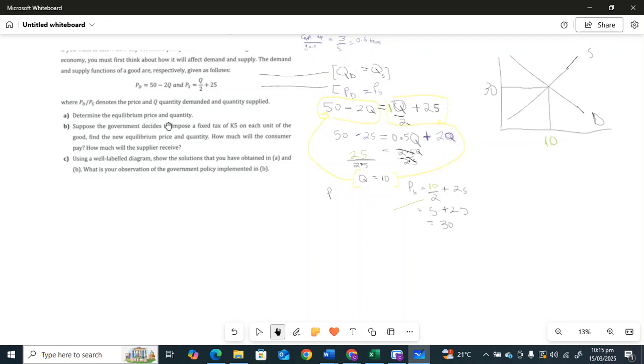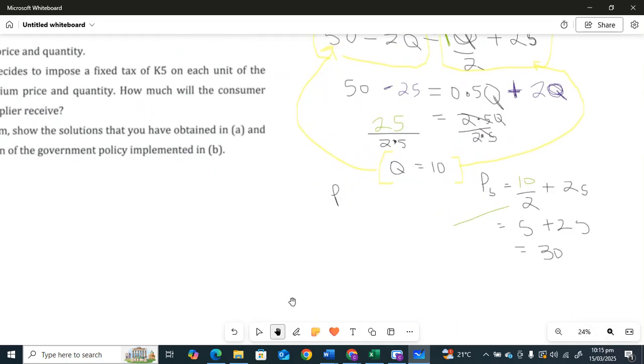Suppose government decides to impose a fixed tax on each unit of the good. Find the new equilibrium price and quantity. How much will the consumer pay and how much will the supplier receive? Okay. So when there's a tax, you're going to start with PD equals PS.